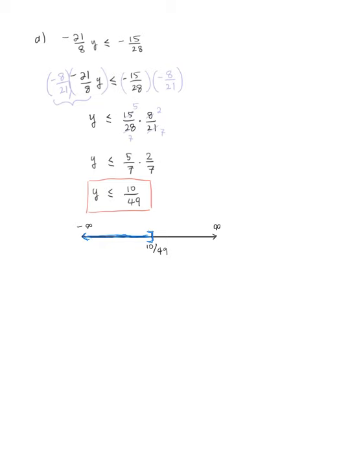Here's the graphical notation. Interval notation is going to be negative infinity to 10 over 49, closed bracket. And the set builder notation is going to be the set of all, now what was the variable? The variable was y, so the set of all y values such that y is less than or equal to 10 over 49.